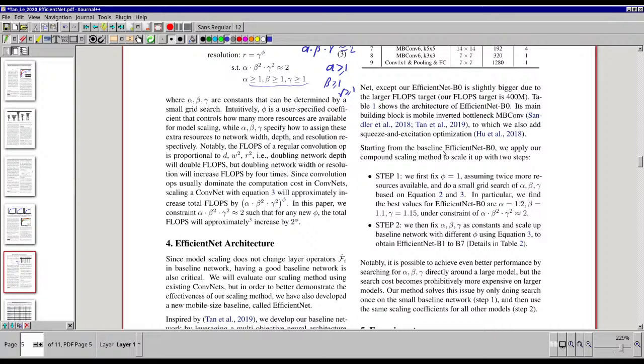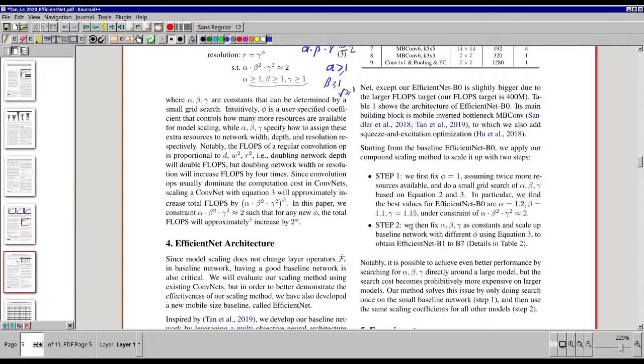Starting from the baseline EfficientNet-B0, we apply our compound scaling method to scale it up in two steps. Step 1: we fix phi equals 1, assuming twice more resources available, and do a small grid search of alpha, beta, gamma based on equations 2 and 3. In particular, we find the best values for EfficientNet-B0 are alpha 1.2, beta 1.1, gamma 1.15, under the constraint of alpha times beta squared times gamma squared approximately equal to 2.